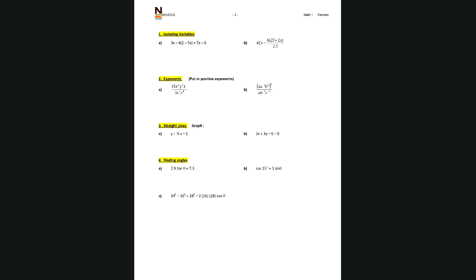So finding the angle, we're going to find it in degrees, not radians. So the first question, we have to isolate the trig ratio first and then do the arctan. So divide each side by 2.9. Now you can put this in decimal, but it's more accurate if you leave it as a fraction.